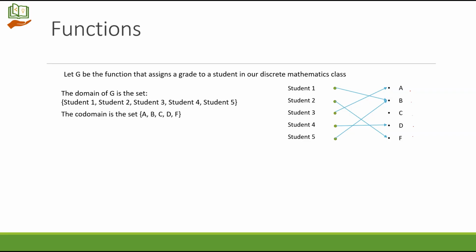You have to include all the grades A, B, C, D, F. Now, what is the range? As I explained before, whatever value in the codomain has been assigned a value from the domain, those elements alone will be taken. So A, B, D, F are taken. Since each grade except C is assigned to some student, we include only those grades under the range.